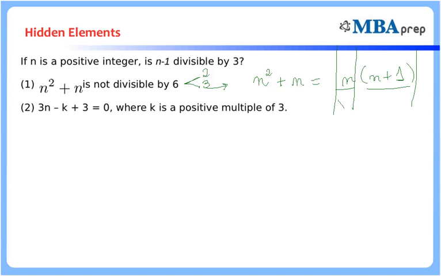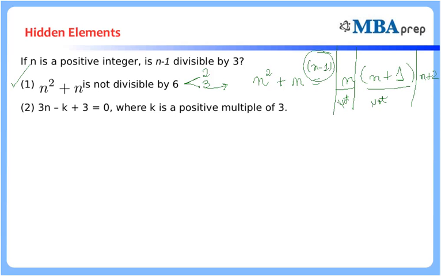If this one is not divisible, this one is not divisible, the next one is divisible as well as the previous one. So n plus 1 is divisible by 3. First statement, even though it does not look like it, sufficient.